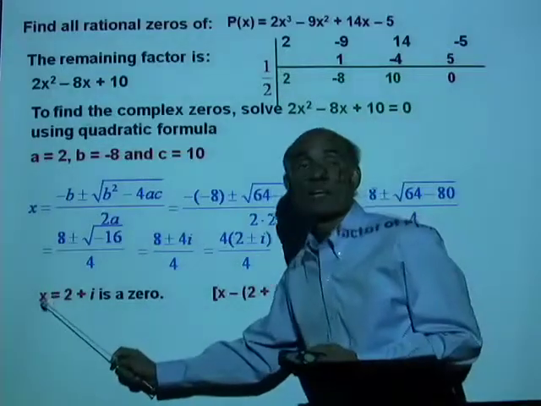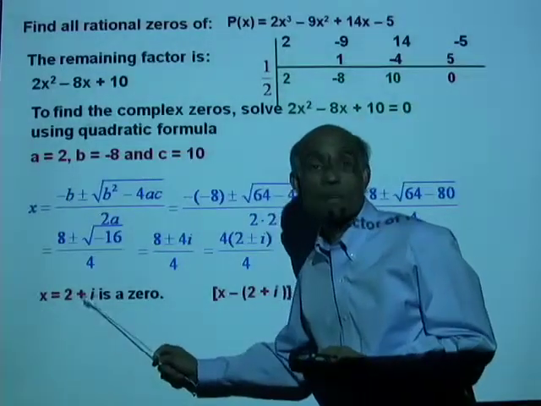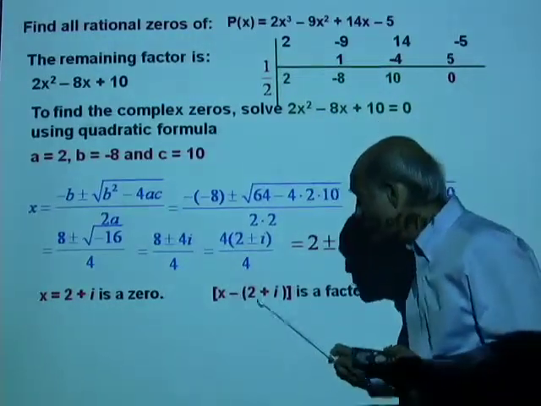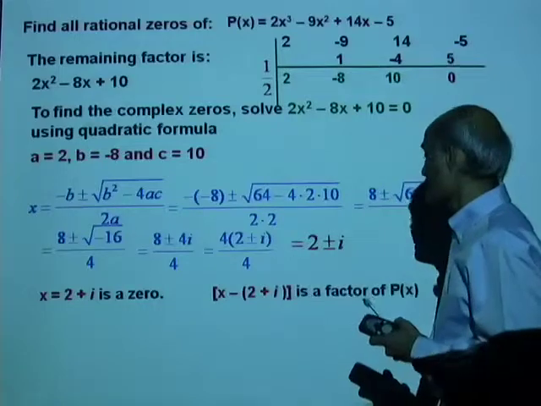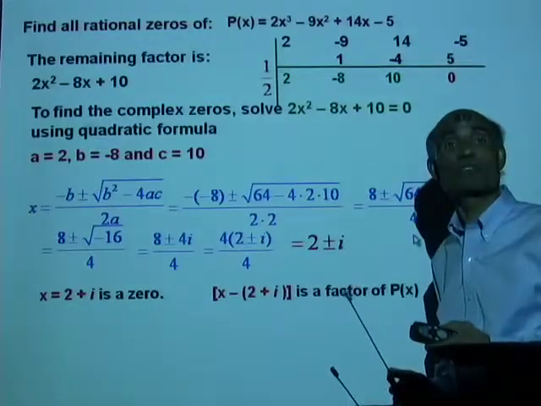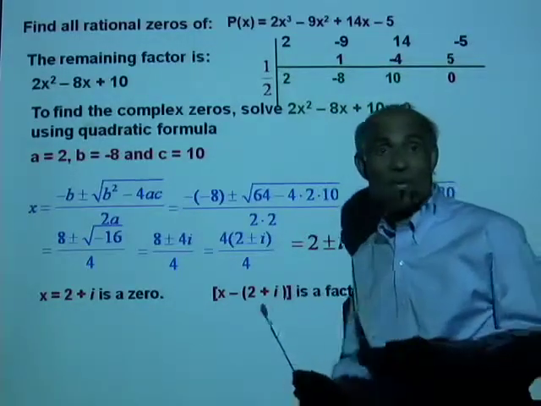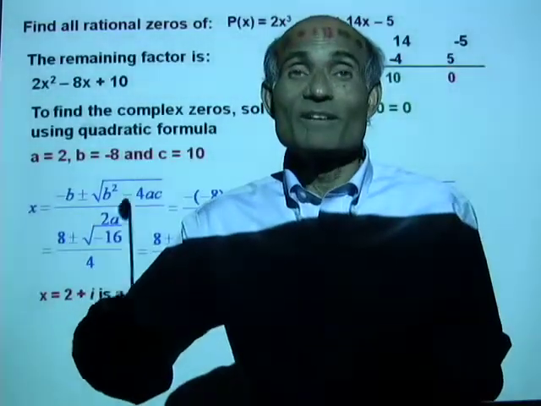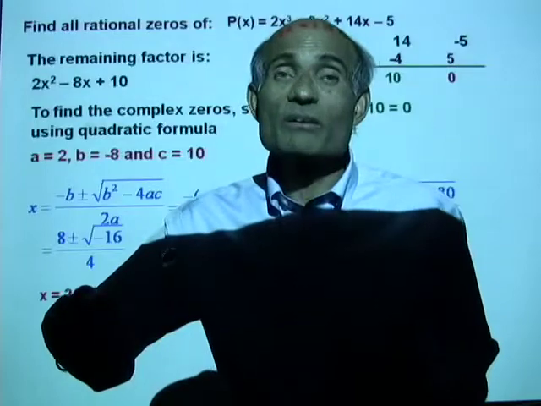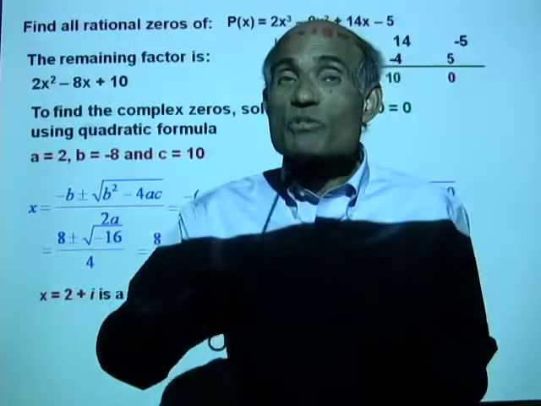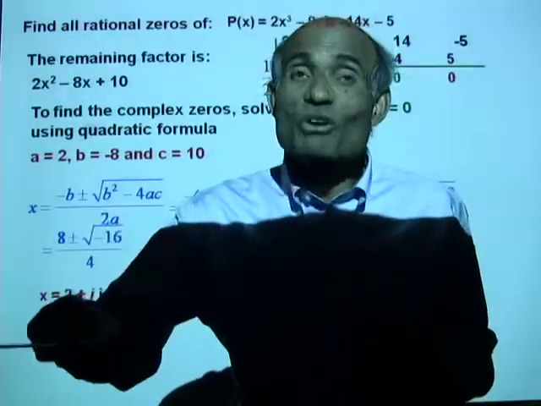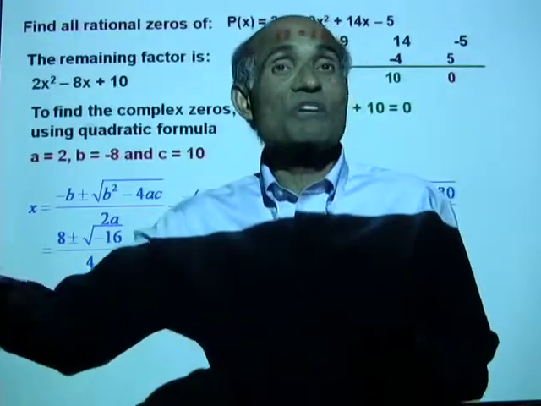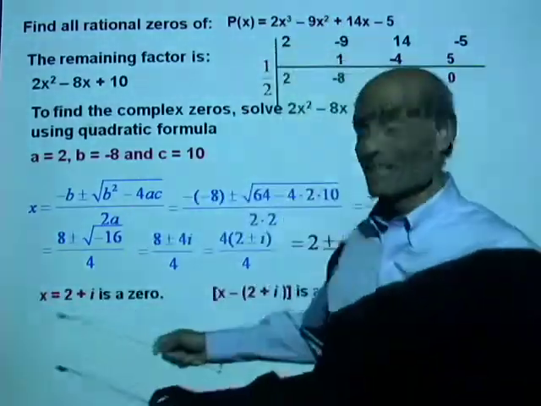Now remember, if x equal to 2 plus i is a zero, then x minus 2 plus i is a factor of p of x. Is that right? Yes, because if x equal to r is a zero of the polynomial, then x minus r is a factor of the polynomial.